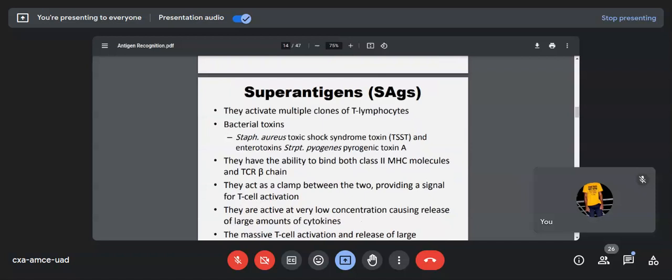So the last type of antigen we'll talk about are what we call superantigens. What are superantigens? These are antigens that can activate multiple clones of T lymphocytes. When they bind to a particular part of a T lymphocyte, that's the beta chain of the T lymphocyte receptor. If I remember right, I said the T lymphocyte receptor has either an alpha or a beta chain.